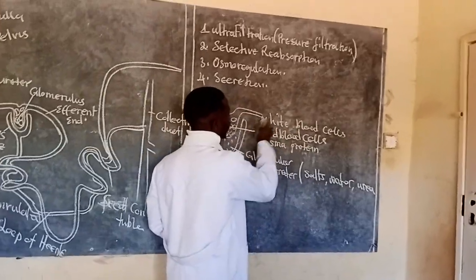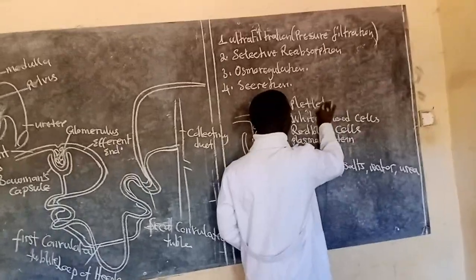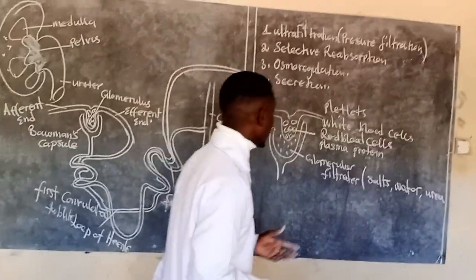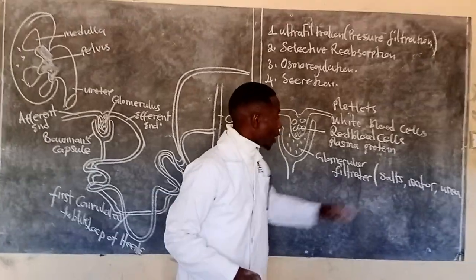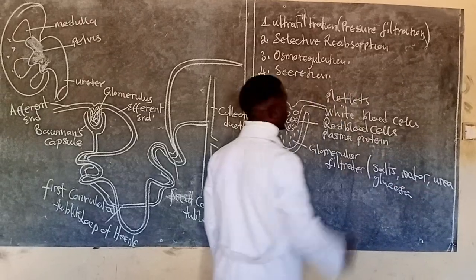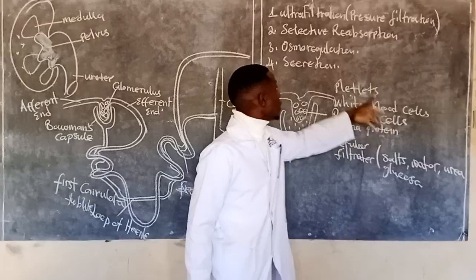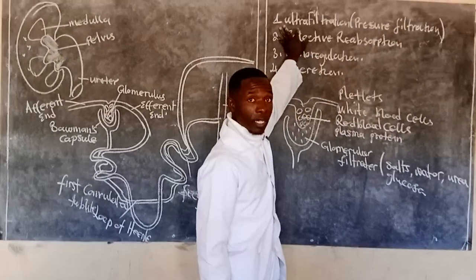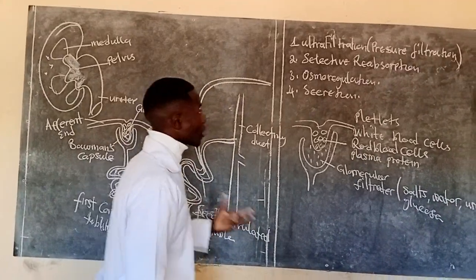And also we have platelets. So these are the substances that are not filtered out. Glucose is filtered out. This is about ultrafiltration: the filtration of small molecules from the glomerulus into the Bowman's capsule.